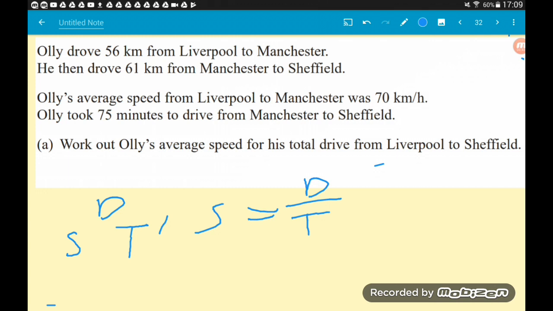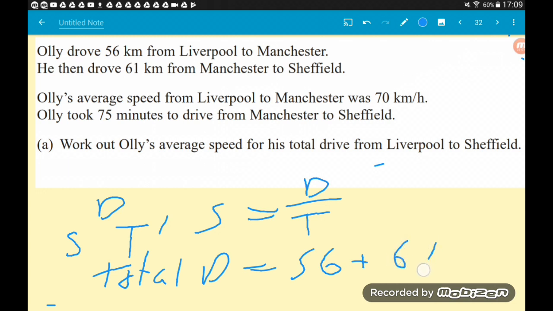We need to know his total distance, which we can actually get fairly easily, and then also his total time. So first of all, let's go for the total distance. We know the first part of his journey was 56 kilometres, and then the second is 61.